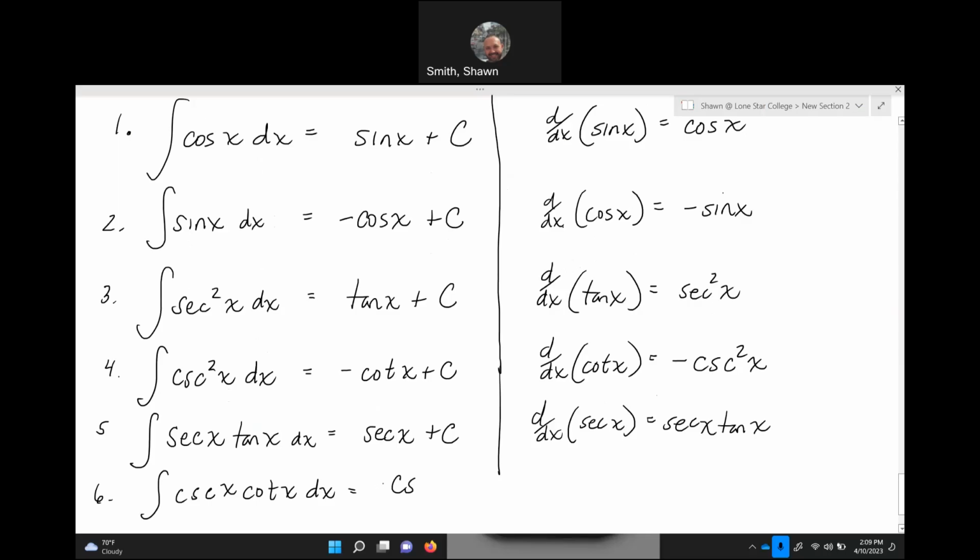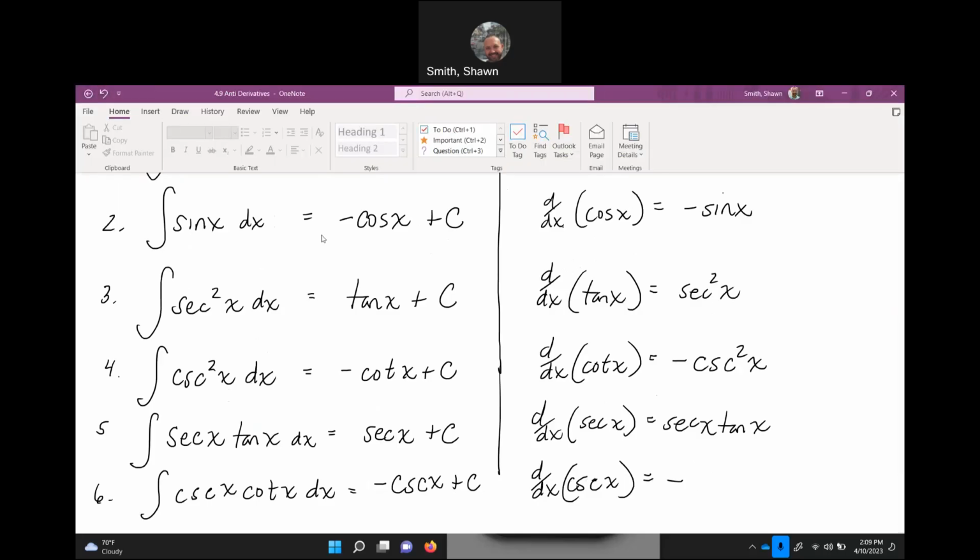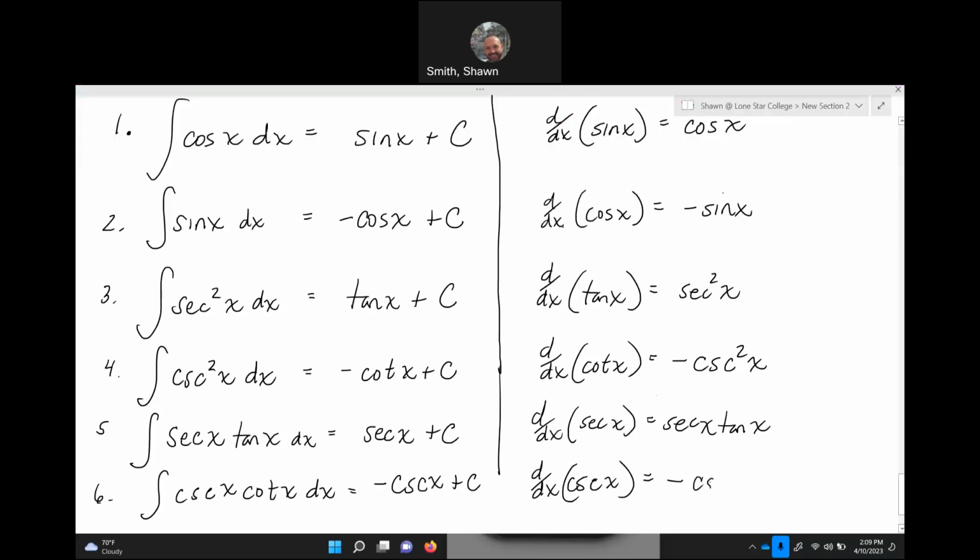Actually, right: negative cosecant of x plus c. The derivative of just cosecant of x is your negative cosecant cotangent.